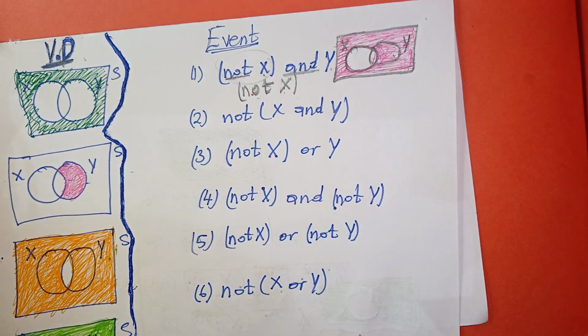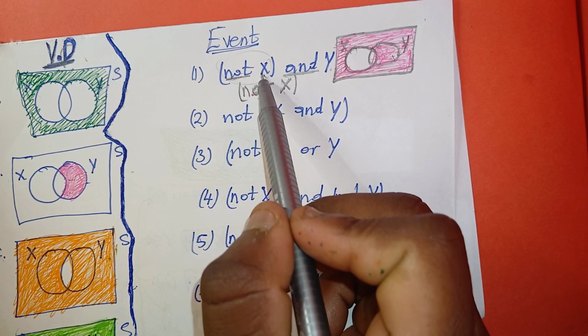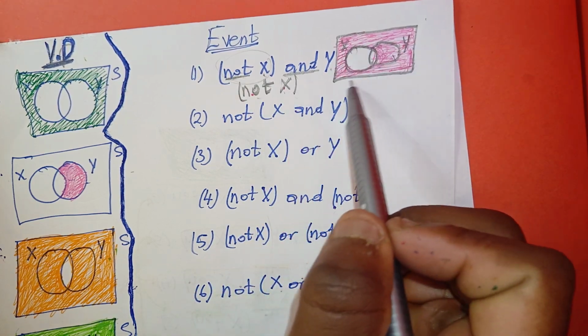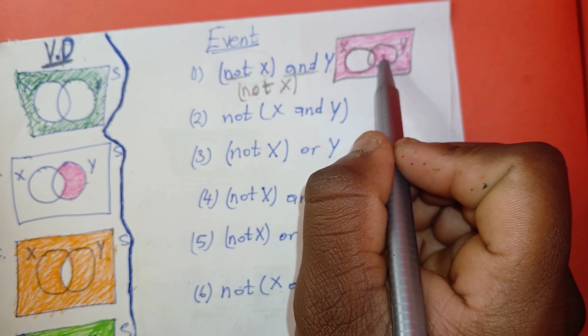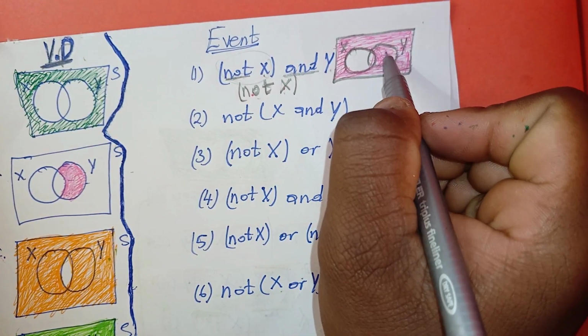They say not X, which is outside, meaning I'm going to take this part and that one.